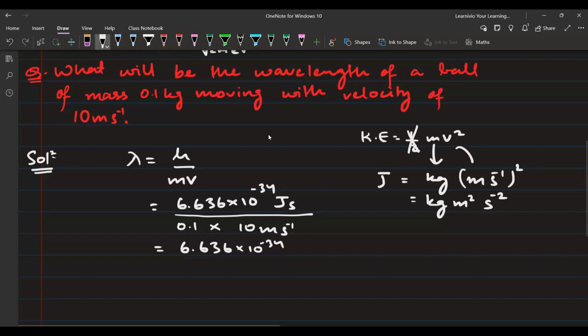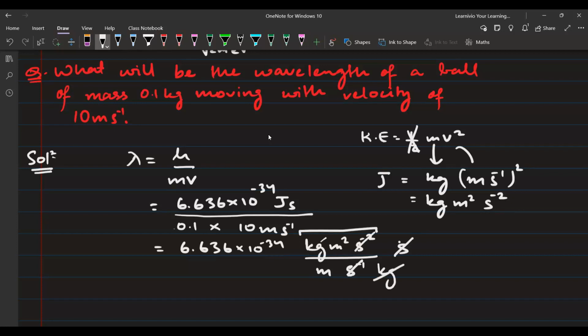Okay. Now let us look at the units. Joule is nothing but kg meter square second to the power minus 2, divided by, here you have a meter per second, and the joule second. The second to the power minus 2 gets cancelled. The kg does not remain, since it was 0.1 kg, so there is kg below as well. Kg and kg get cancelled, m and square of m get cancelled, and you will get the value in meters.